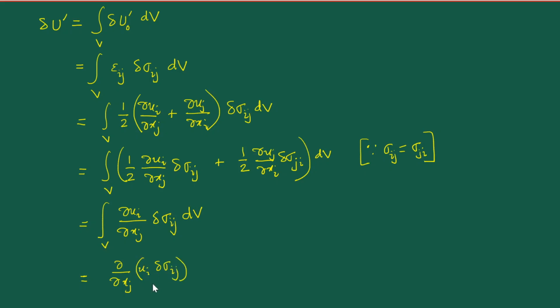Of course, by writing like this, we have effectively introduced another term, ui del del xj of delta sigma ij, which was not present in the previous step. So that has to be subtracted out in order for this equality to hold. So we'll do exactly that. We subtract out the term which we have artificially introduced while writing like this.